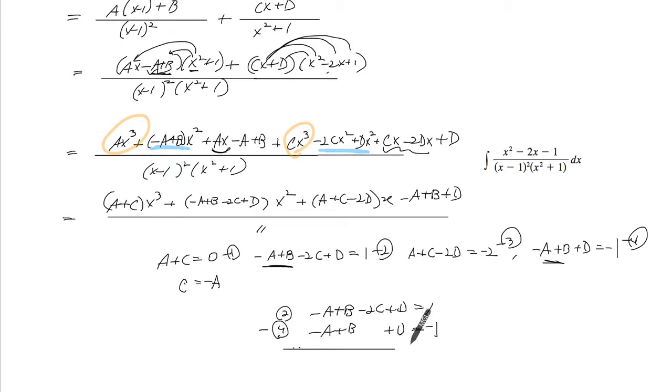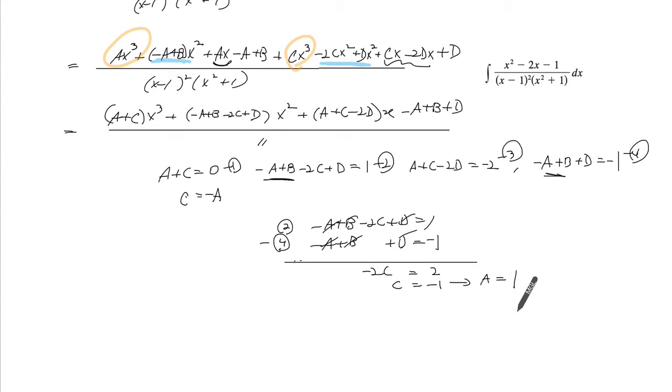In fact, if you subtract, even D disappears. So you get minus 2C is equal to 2. So C is equal to negative 1, which means from equation 1, A will equal positive 1.